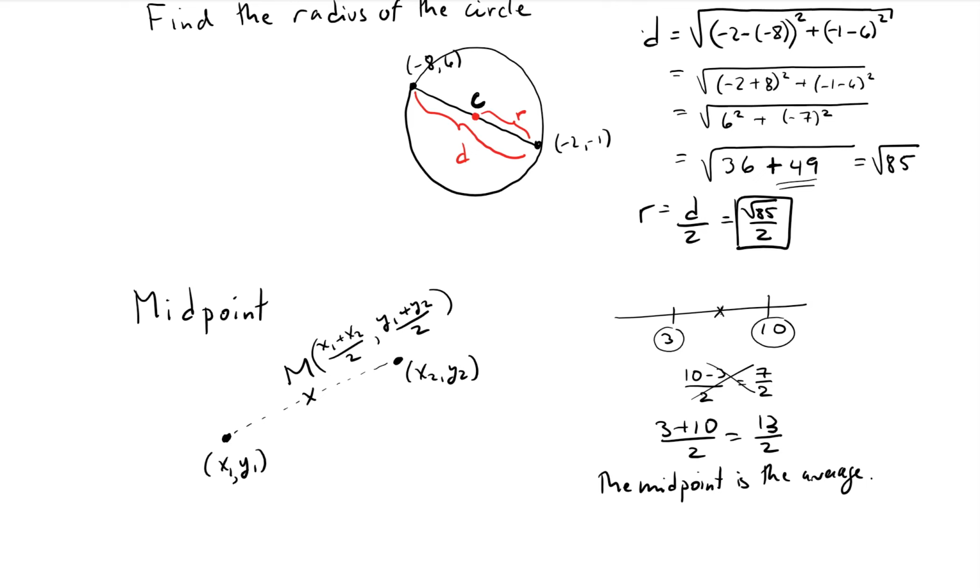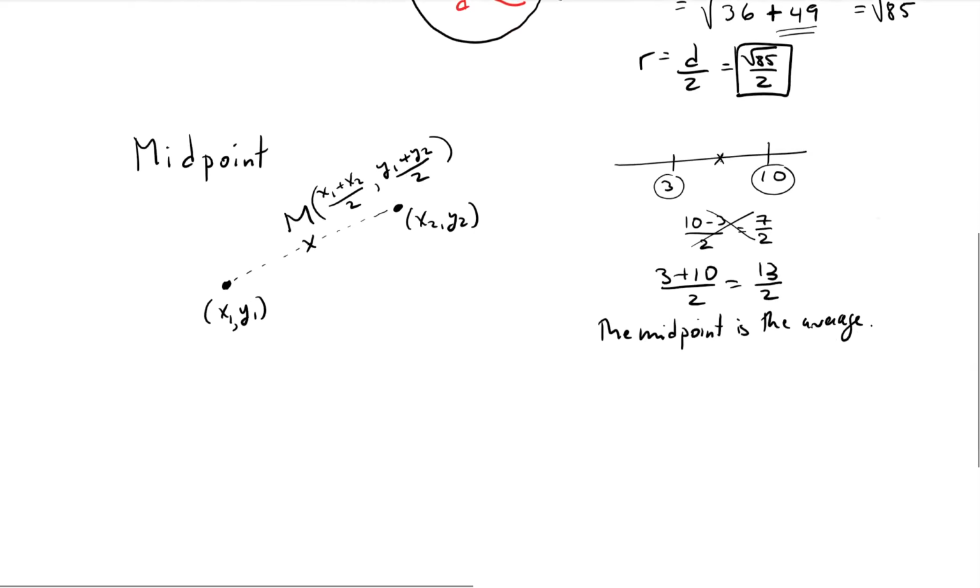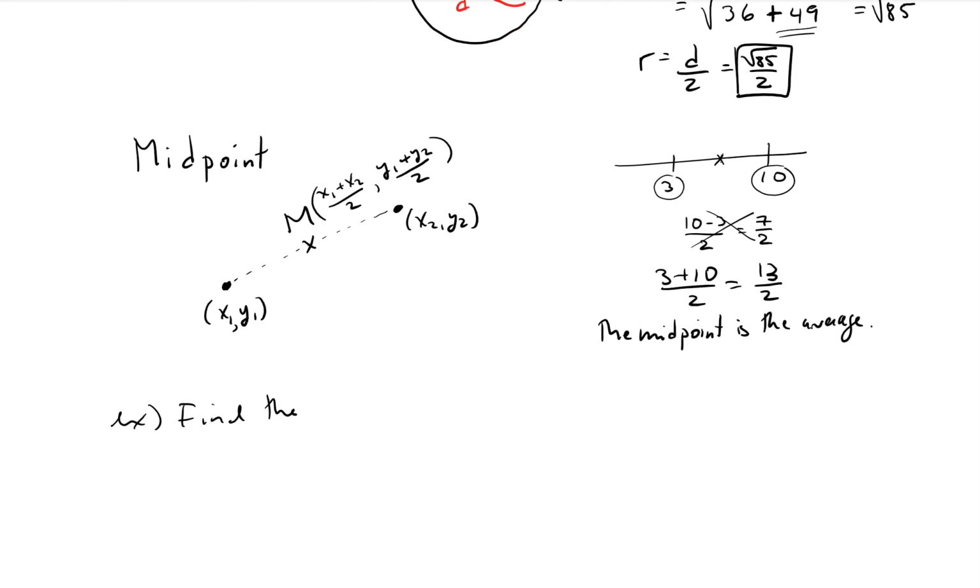So let's say here, this is the center of the circle. It's halfway between the 2 endpoints that form the diameter. So how do I get the coordinates of that center? Well, I use the midpoint formula. So example, find the center of the previous circle.